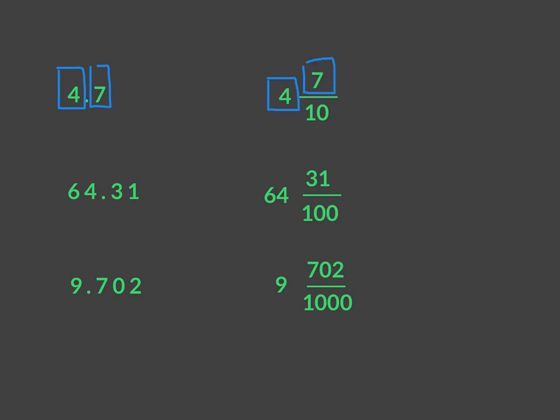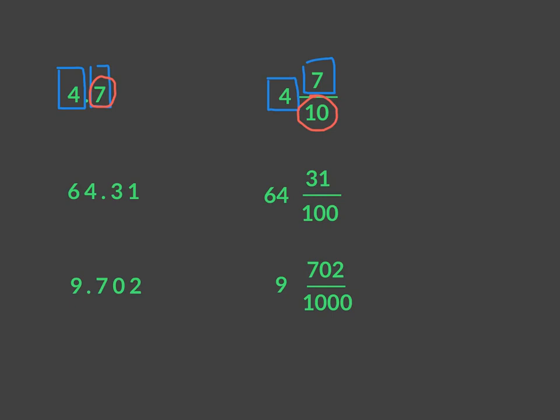The digit at the far right, the 7, is in the tenths place. Therefore, our denominator is 10. 4.7, or 4 and 7 tenths, can be written as 4 and 7 over 10.